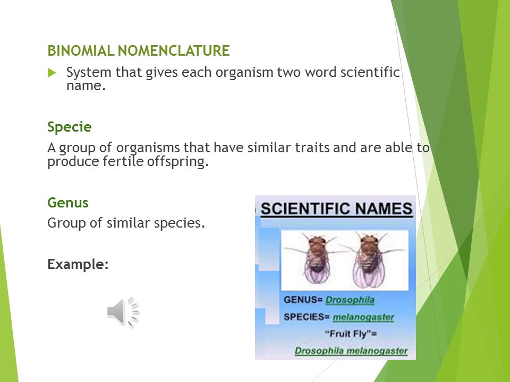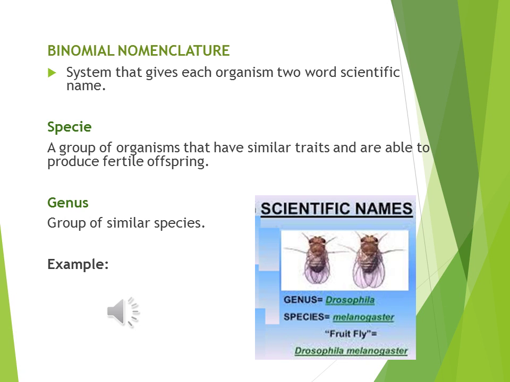Linnaeus decided that all species names should be in Latin and should have two parts. This two-part system is called binomial nomenclature. The system gives each organism a two-word scientific name, using the genus and the species.